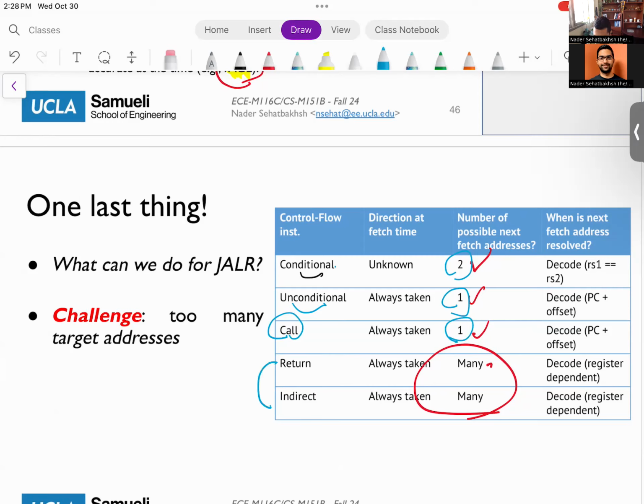But if you have indirect branches or return branches, where the target address could be many different addresses, we still don't have any solution. Neither of the things we already discussed, including the BTB or BHT, is going to fix this issue, unfortunately, because there are many target addresses these branches can take, and we don't know which one we should use.